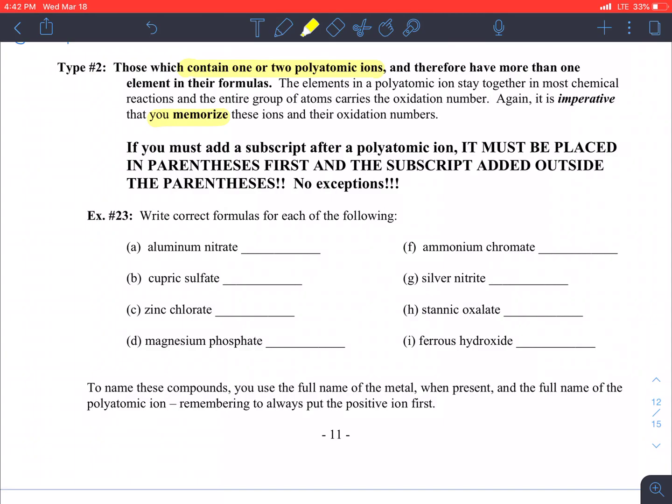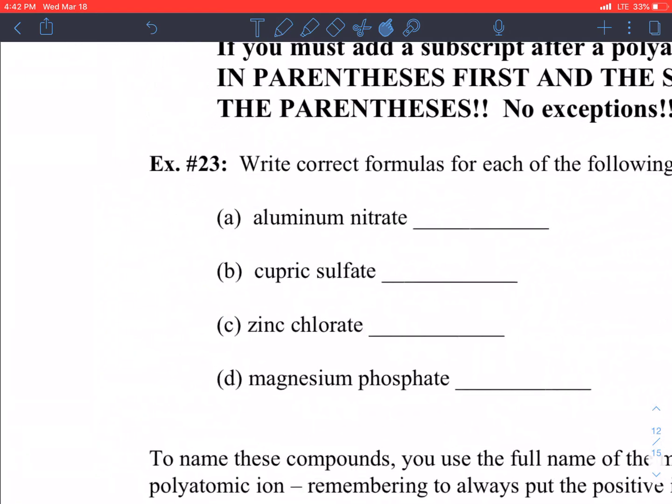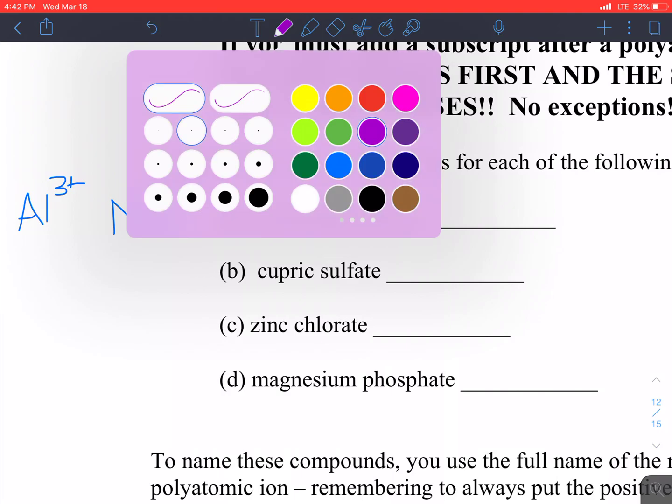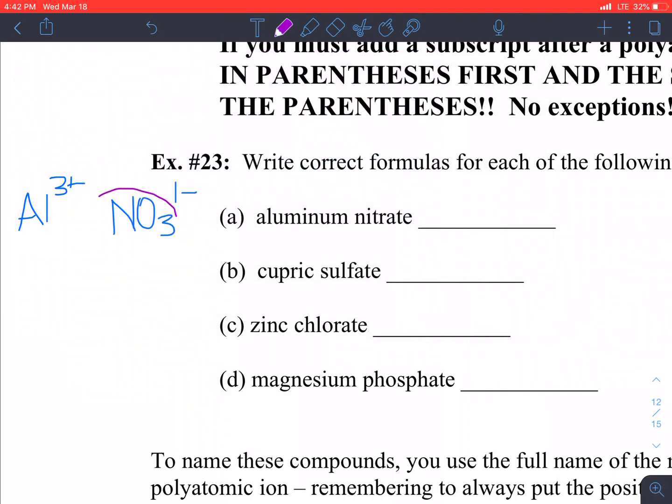So let me show you what that kind of looks like. Let me scroll here. We're going to still balance the charge, so we need to identify the ions. Aluminum is Al3+, nitrate is NO3 1-. With polyatomic ions, you are treating this entire portion as having a 1 negative charge, so you keep the NO3 portion together.